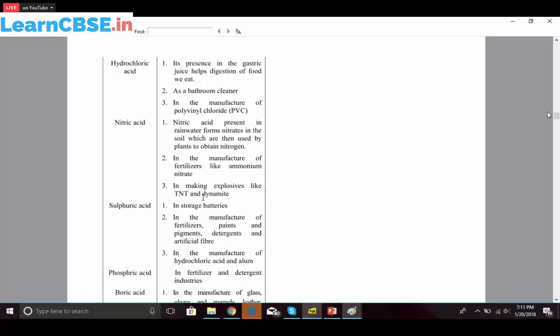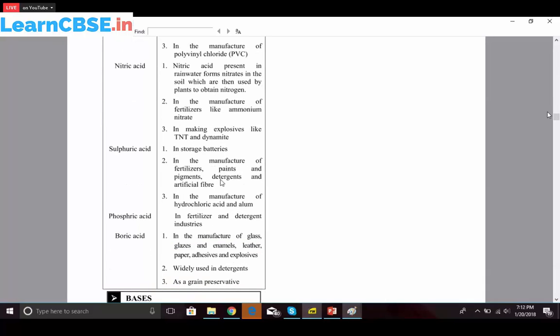Nitric acid is present in rainwater and forms nitrate in the soil, which can be used by the plants for nitrogen fixation. It is also used in the manufacture of fertilizers like ammonium nitrate, NH4NO3, and also to make explosives such as TNT, trinitrotoluene, and dynamite.